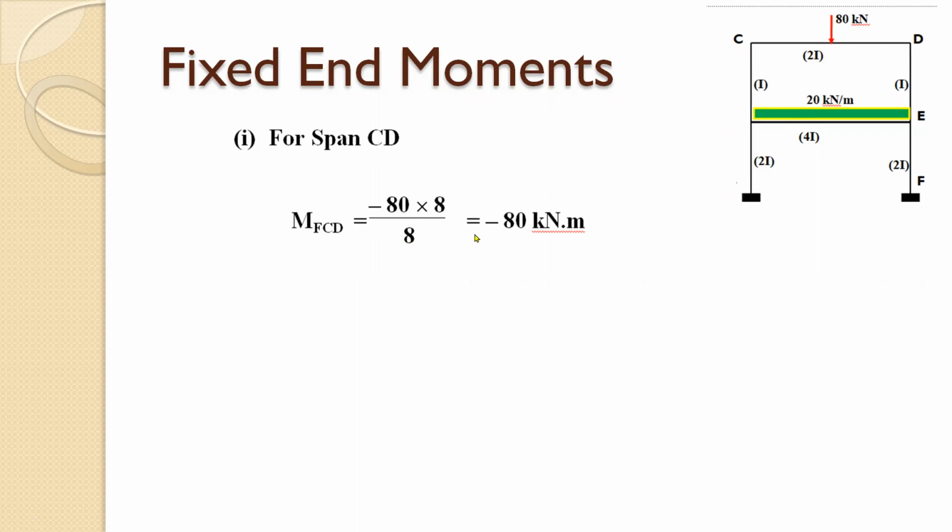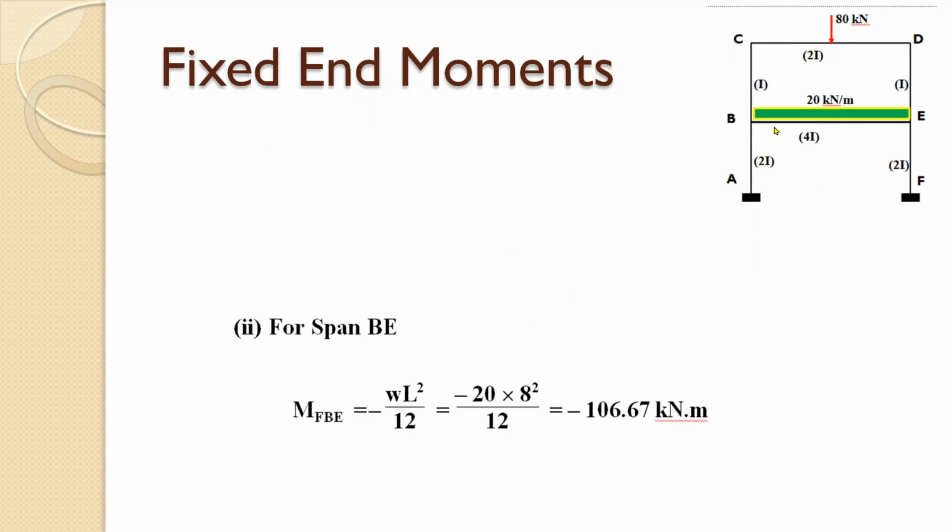So WL by 8 is 80 kilonewton meter. Now in this case, remember that we have to calculate the values only on the left side because the frame is symmetrical about this axis. Since it has only one bay, we need to solve only the left part of this frame. So the fixed end moment is minus 80 kilonewton meter.